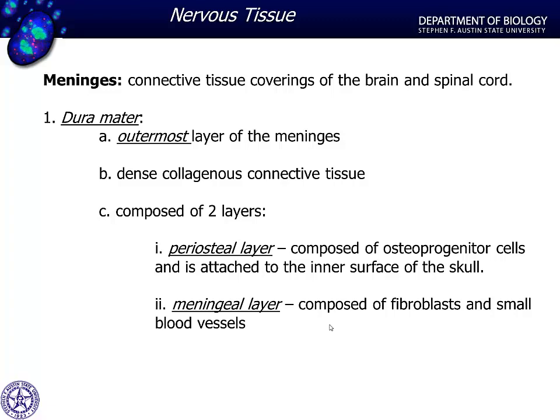Now, this dura mater is extremely tough, and especially associated with the skull, we are going to have that portion associated with the periosteum, the periosteal layer, and then we're going to have the meningeal layer. This is the one that's going to be internal and deep and facing the actual tissue itself, and this is where we're going to see a lot of fibroblasts, connective tissue, as well as blood vessels.